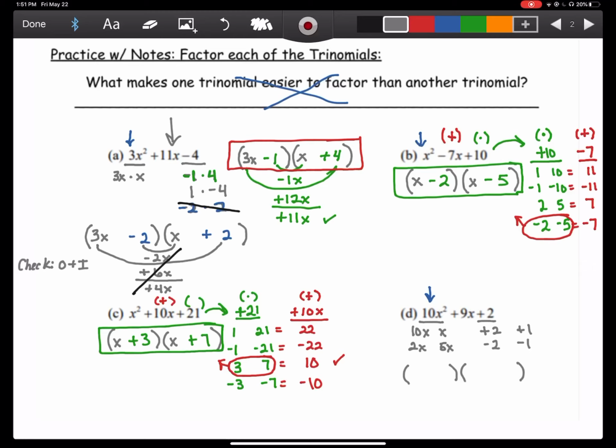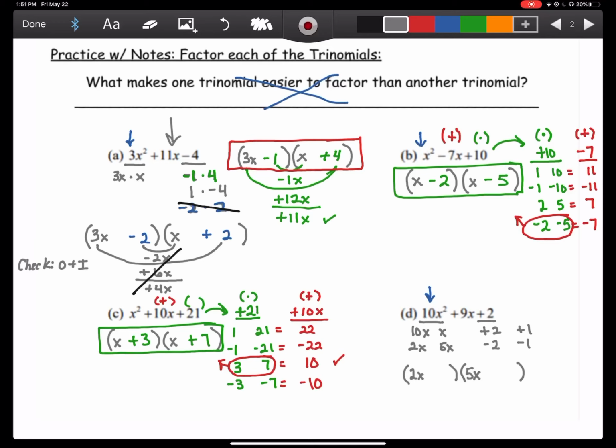If you remember in Kurt's video, he likes to choose the x terms that are closer together. Again, this is just his opinion. Maybe it's not his opinion, it's from his experience. So let's go ahead and choose 2x and 5x.